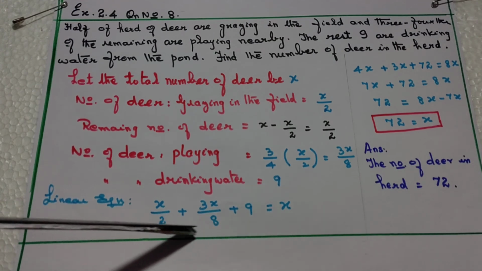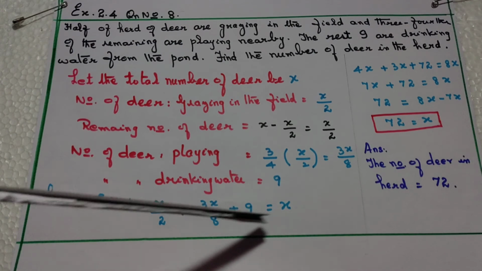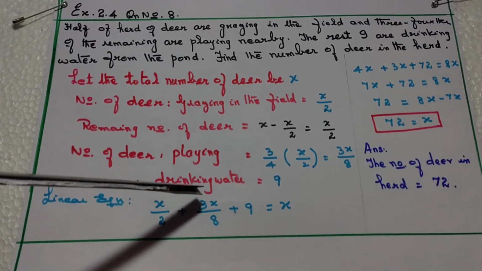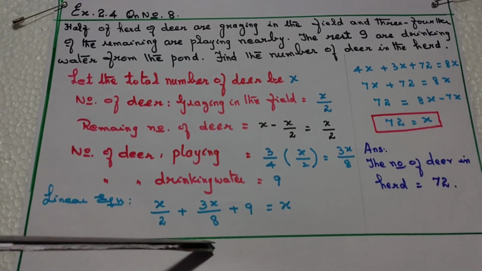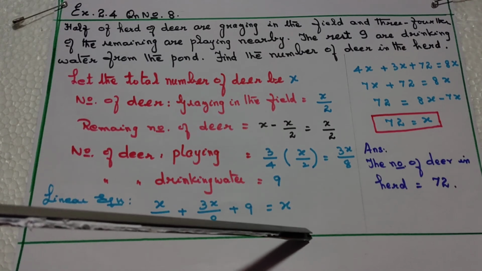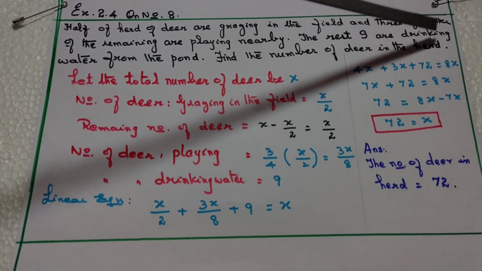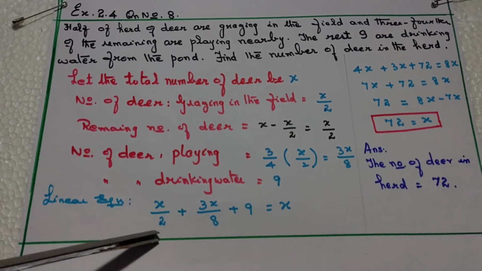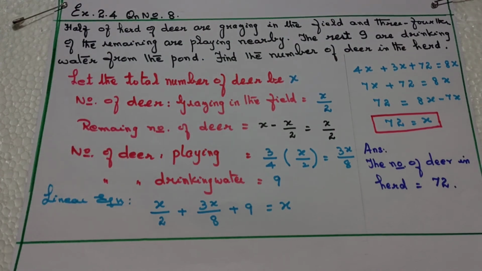Now, everywhere I get 8 in the denominator, and which can be written as 4x plus 3x plus 72 whole thing divided by 8 equals x. Now, if I transpose the 8, I'll be getting the equation here 4x plus 3x plus 72 is equal to 8x. So, we can very well say that taking the LCM and simplifying this equation, we arrive this result.